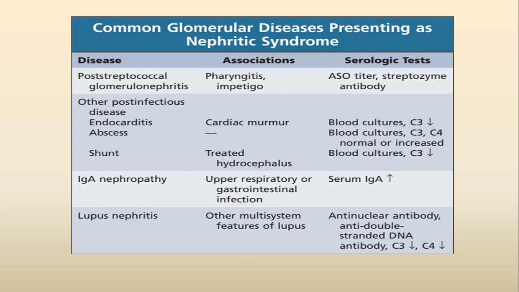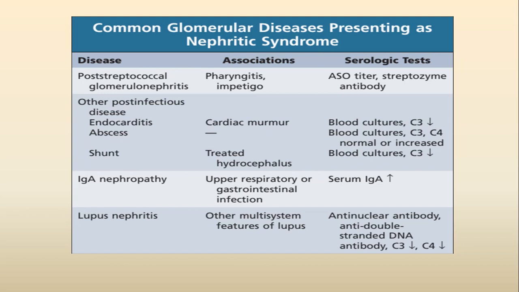Serology: serum IgA levels increase. Lupus nephritis can present with nephrotic syndrome and can also present with nephritic syndrome, with multi-system features of lupus.